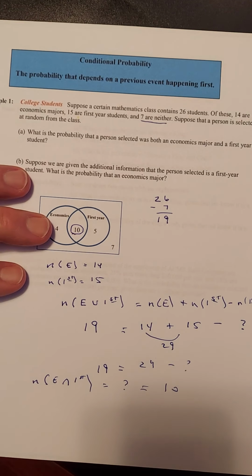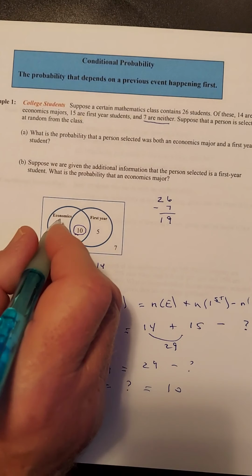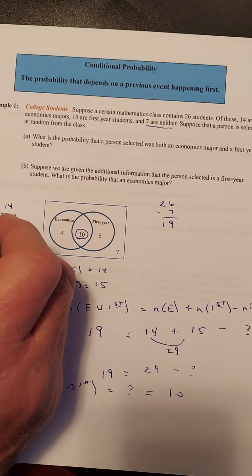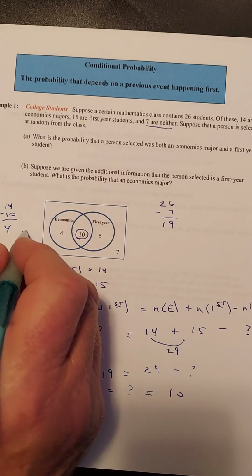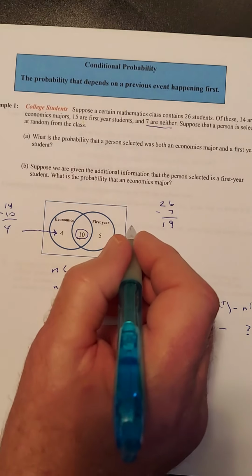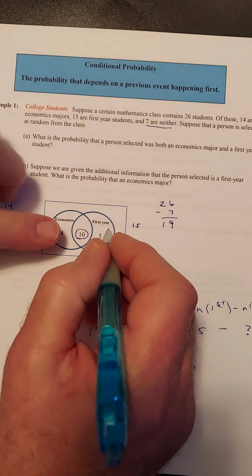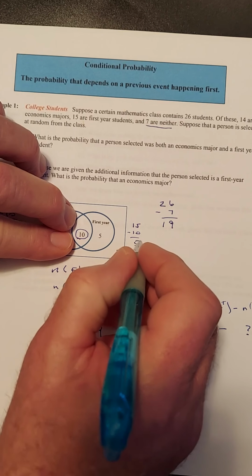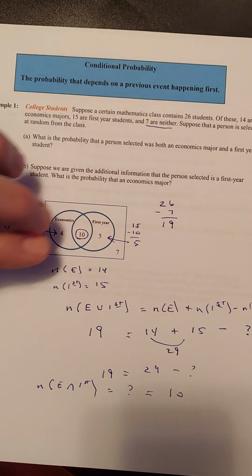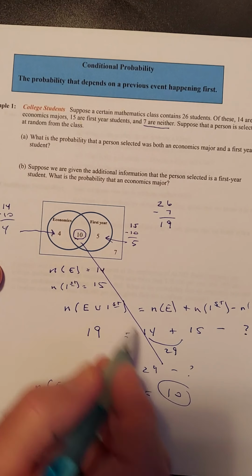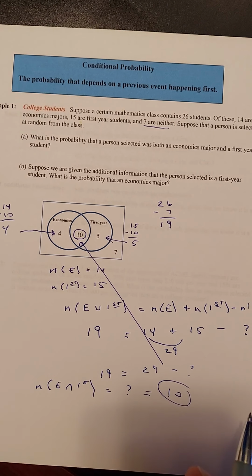Then once you have that number, you remember econ has 14 altogether. So if you take 14 minus 10 gives you 4. That's where that number comes from. And on the other side, there's 15 inside this circle. So 15 minus the 10 I found, that's where that 5 comes from. And the 10 came from here.